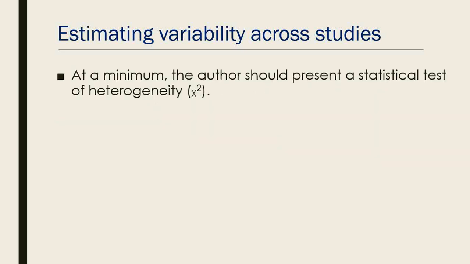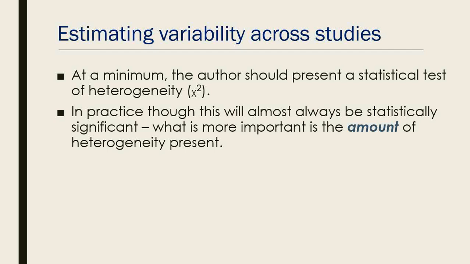Now, at a minimum, the author should present a statistical test of heterogeneity. In practice, though, this will almost always be statistically significant. In fact, some statisticians would say it's inevitable.